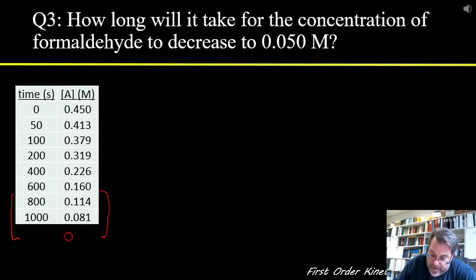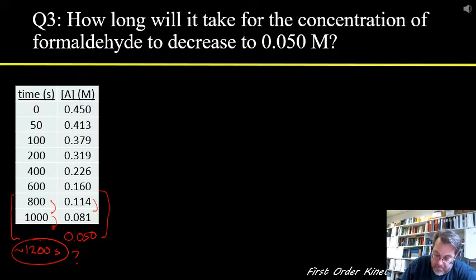And if we're trying to go down to 0.05, that's another 0.03 that it needs to decrease. So if that decrease took 200 seconds, that decrease is probably going to take about 200 seconds. So maybe somewhere around 1,200 seconds, right? Don't know for sure, but that's probably a decent estimate. Okay. Let's give it a shot. Let's see what we get.